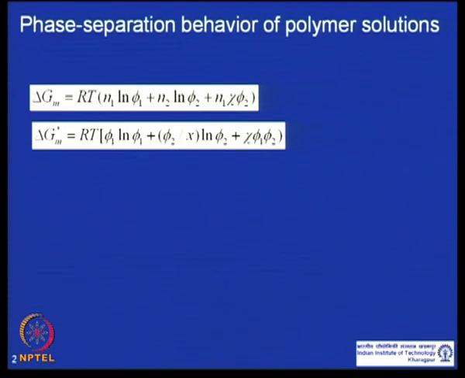Now, let us complete the discussion we were having in the last lecture. From the Flory-Huggins equation we have seen this expression, and then we converted it to Gibbs energy of mixing per segment in the last lecture, which turned out to be this.